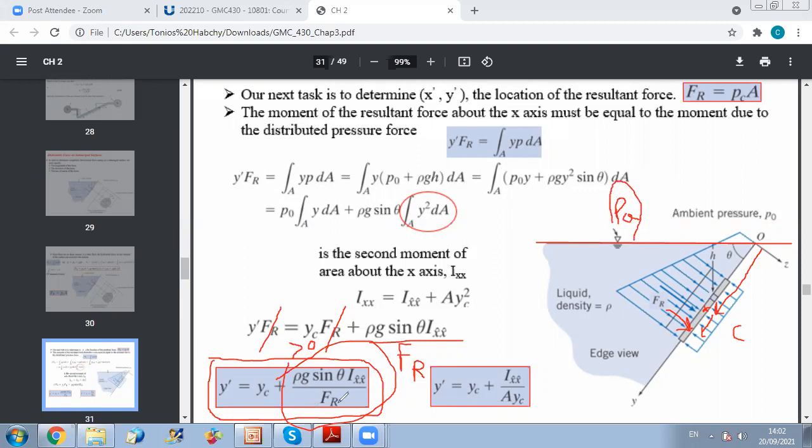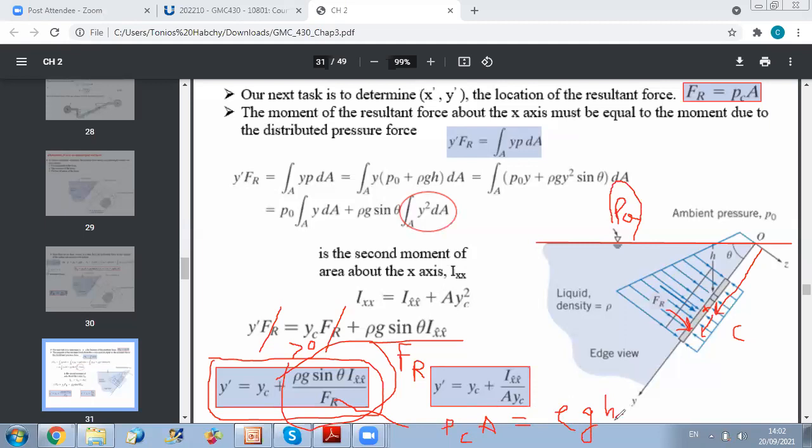I can replace FR, because you know FR is pressure at the center times area. So if P0 is negligible, then I can replace PC by just rho times g times hC.